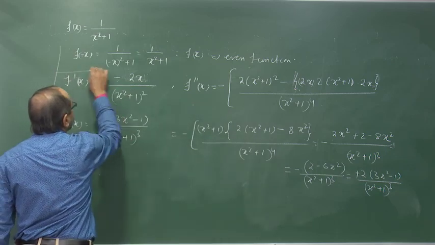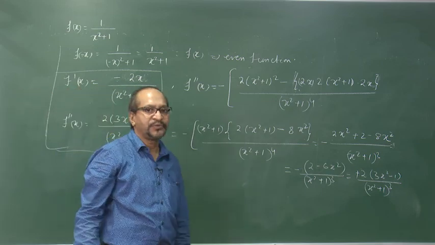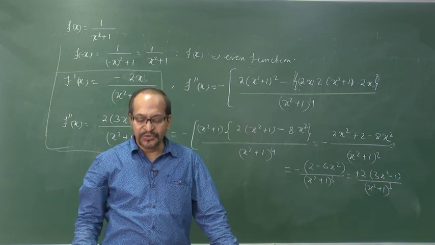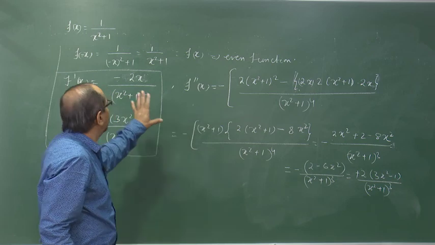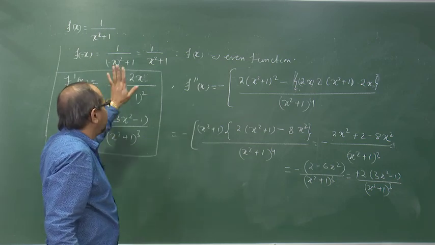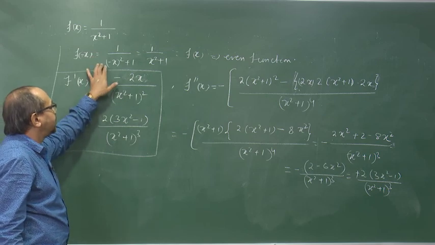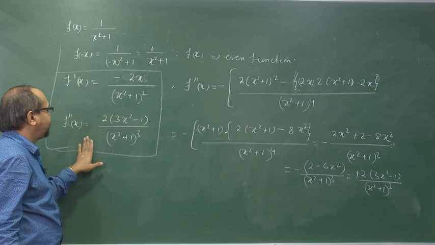With these derivative values, we can now proceed to test the curve. Okay. So, I have discussed now about this function, how the function is even. We have got three important pieces of information. The function is even, the first derivative is this much, second derivative is this much.